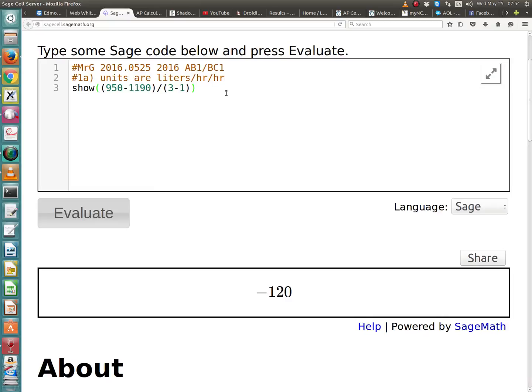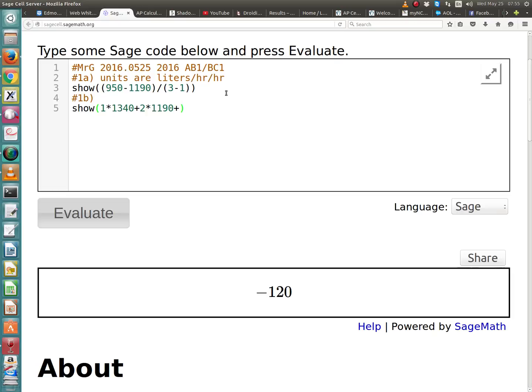So part 1B says show. All right, I got all the numbers here. The first delta t was 1 times the first height, r of 1, plus the next delta t was 2 times the height, f of 2 was 1190, and so forth.